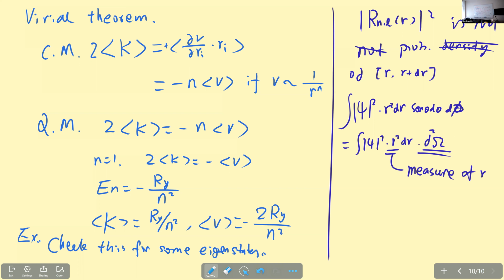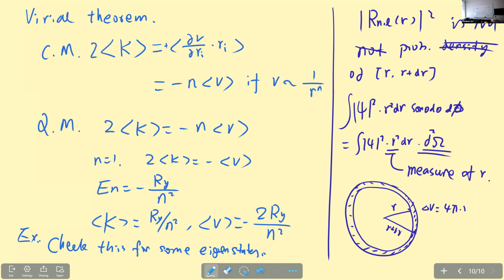So that means you need to take into account the measure of r. The reason is very simple, right? Remember, if you take the sphere, this is r, this is r plus dr, and this volume equals 4 pi times r squared dr, right?